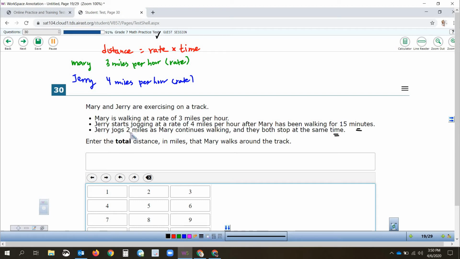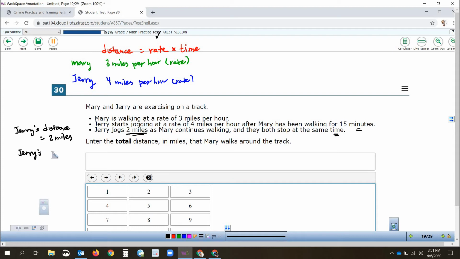Well, we don't know either of their times, but what about distance? Do we know how far Jerry went? Well, Jerry jogs 2 miles. So Jerry's distance, we know, is what? 2 miles. We just said we don't know Jerry's time, but what do we know?